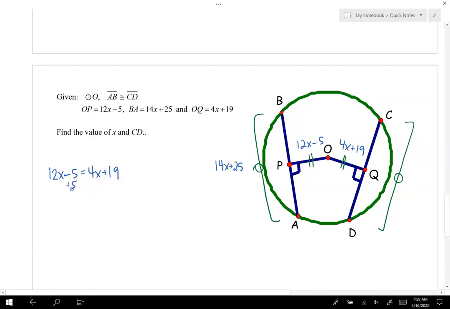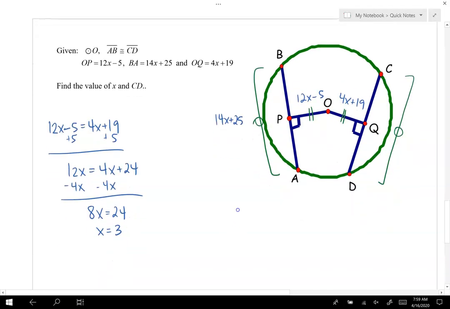If I move the 5 over, we have 12x equals 4x plus 24. I'm going to subtract 4x and I get 8x equals 24. So x is 3. So there's the value of x. And then the value of segment CD, well, I don't have any expression here, but what I do know is that segment CD is congruent to segment AB.